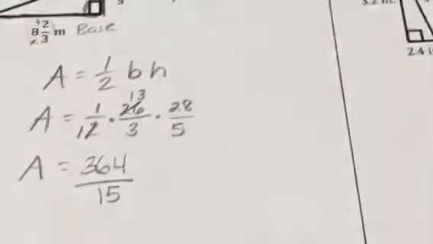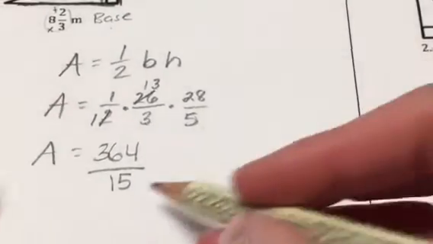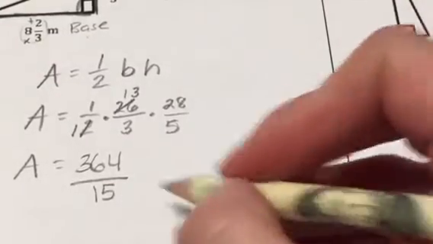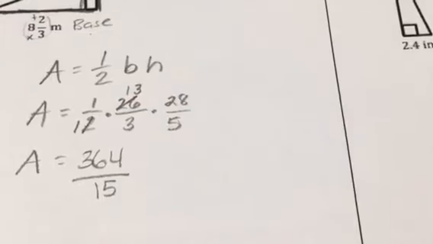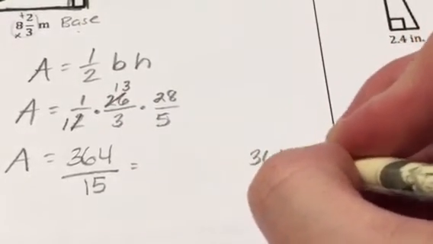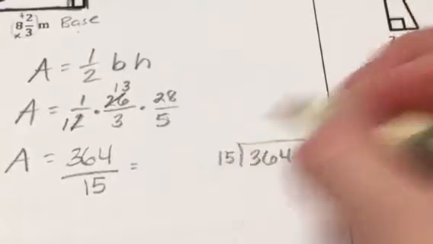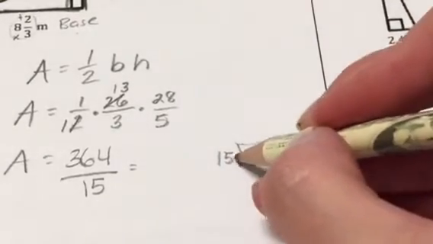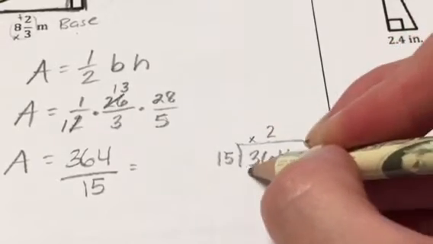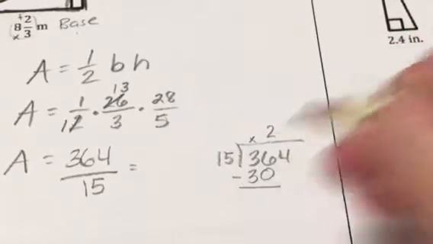Okay, now I don't want to leave it as an improper fraction, so this is where I say, well, how many times can 15 go into 364? So over on the side, I'm going to do 364 divided by 15. Well, I know it's not going to go into 3, but 15 can go into 36 twice, and that's 30.